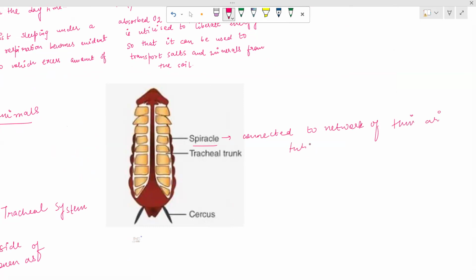They are known as the trachea. Understood?